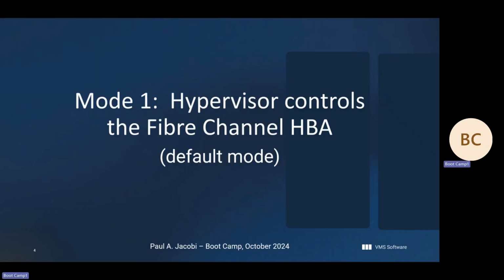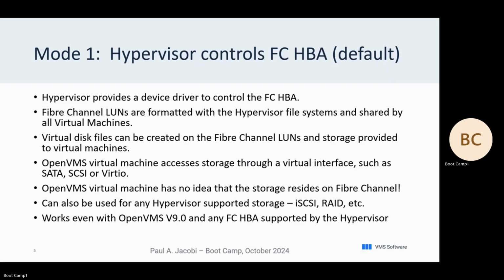So in mode 1, the hypervisor controls the Fibre channel host bus adapter. Again, that's the default mode when you set it up. In this mode, the hypervisor provides a device driver for the Fibre channel host bus adapter. The Fibre channel LUNs are then formatted with the hypervisor file system and can be shared by all virtual machines.